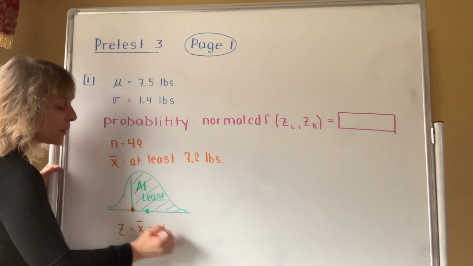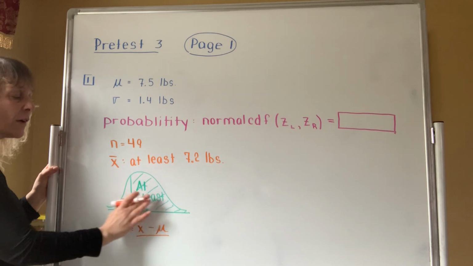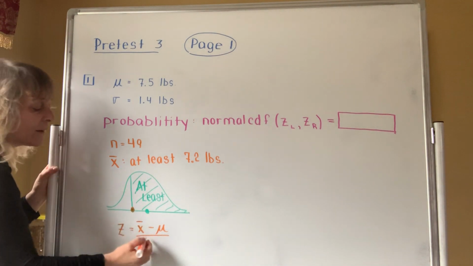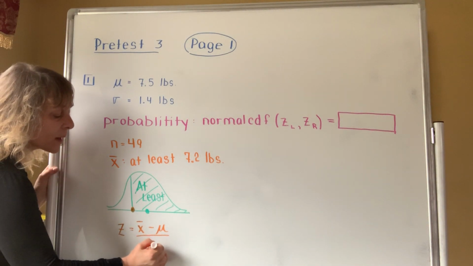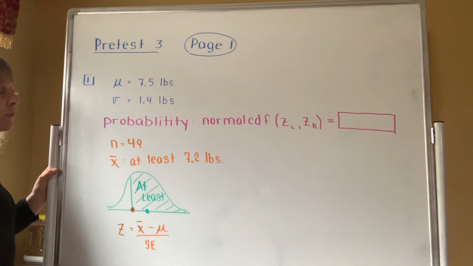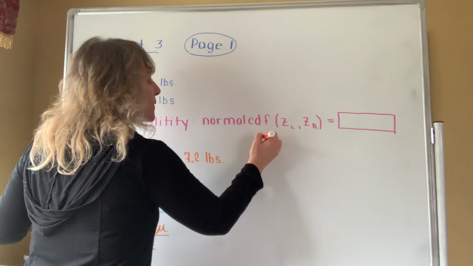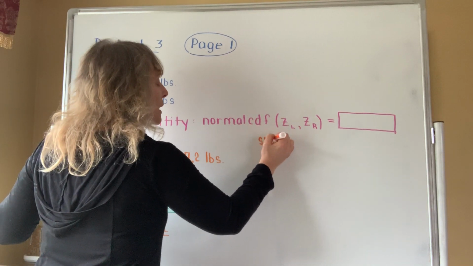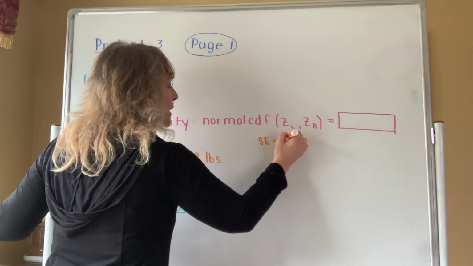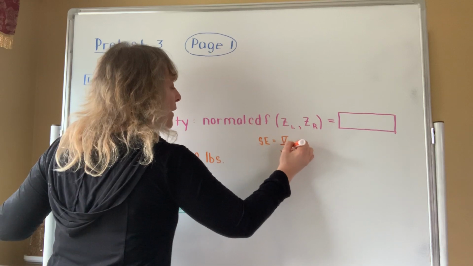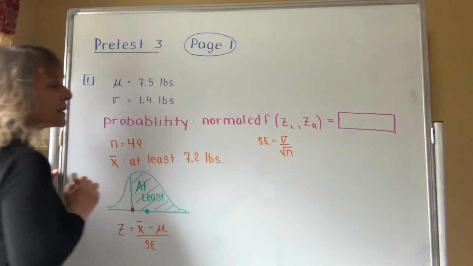But because you're dealing with a sample and you want to find results from the sample, you have to divide by the sampling error. Now there's a formula for that, which I'm going to put to the right before I do this problem. Your sampling error is always the population standard deviation divided by the square root of the size of the sample.